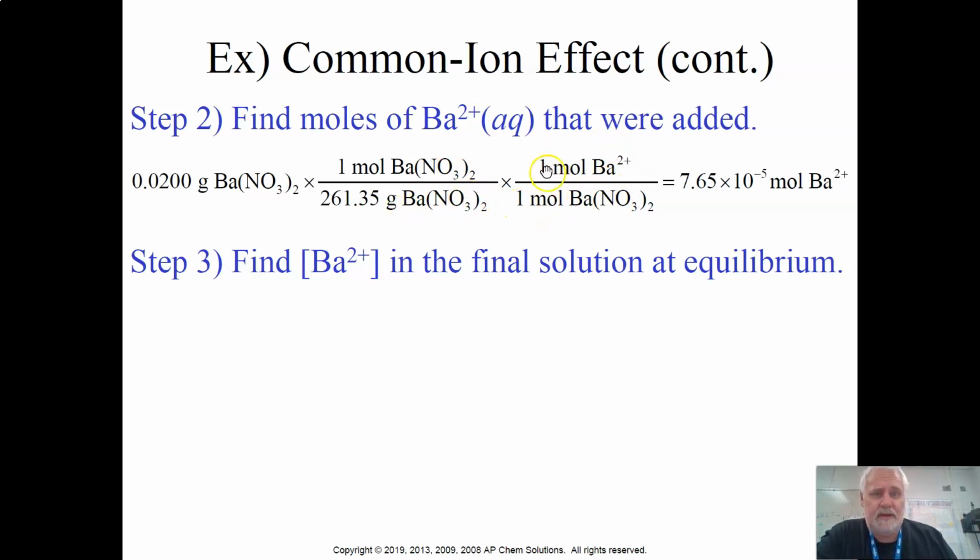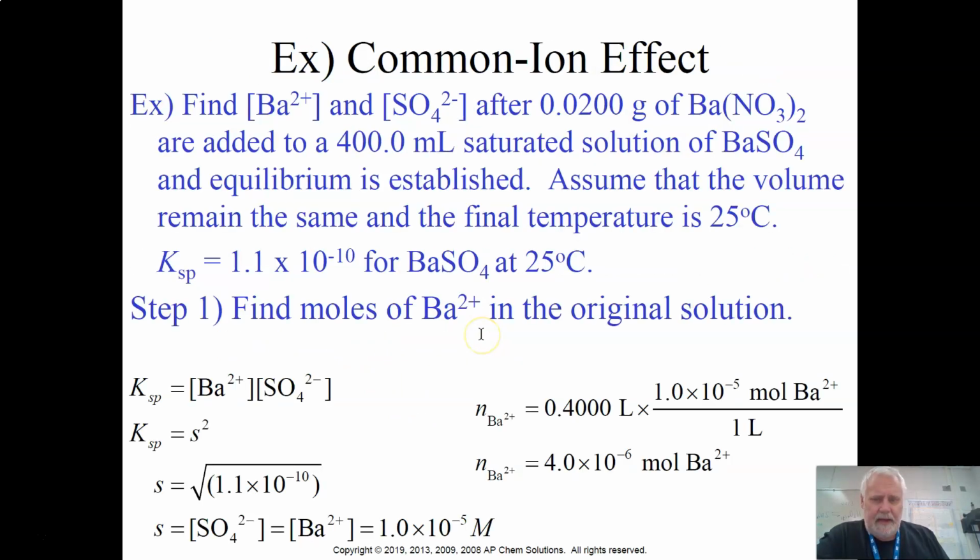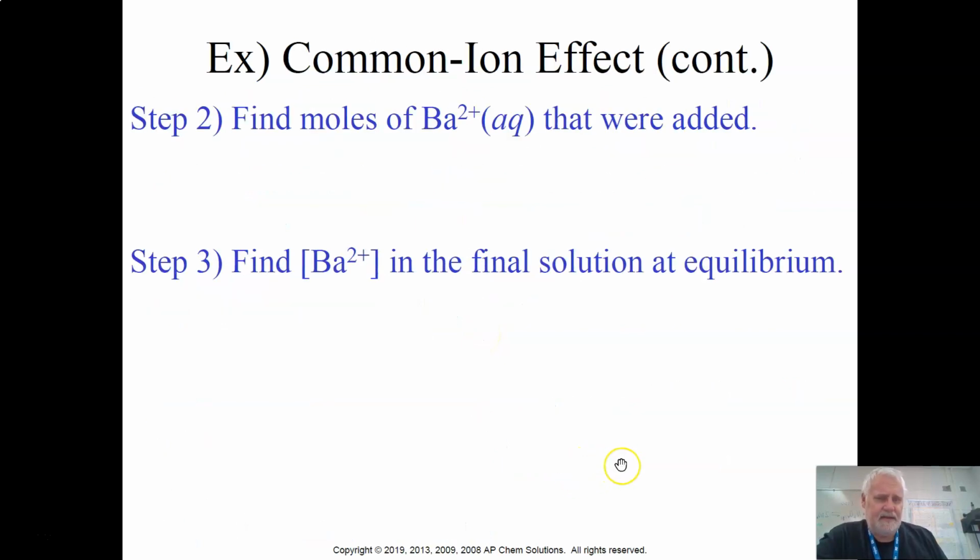So those are kind of a wash there. So you take that 0.02 divided by the molar mass of barium nitrate, and that's how many moles of barium that you added. Okay? So now you can take, well, I had that, just go back to right here, 4.0 times 10 to the minus 6.